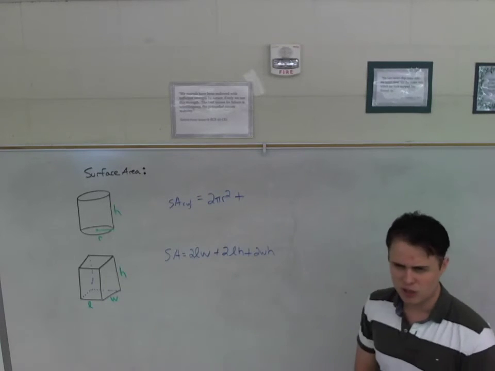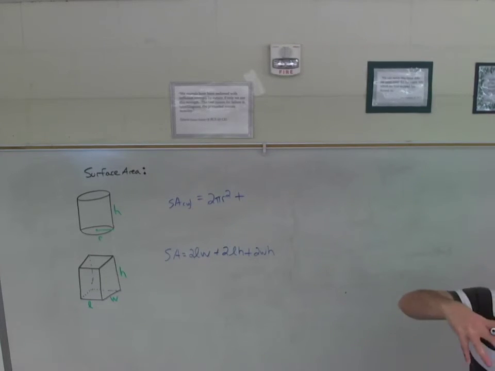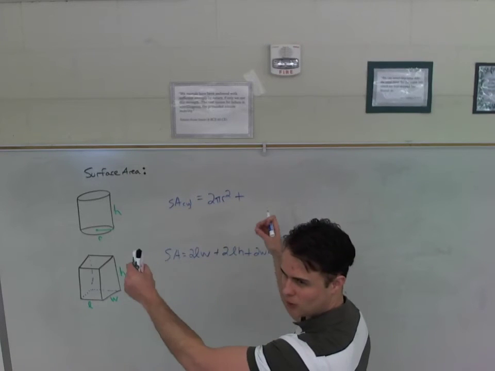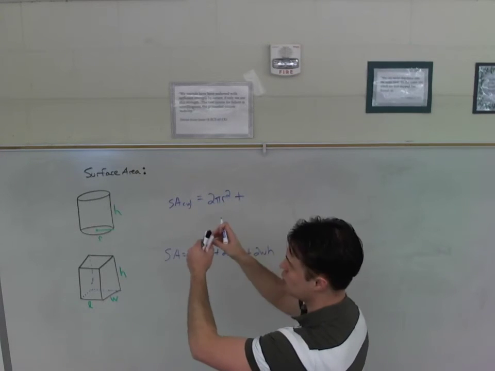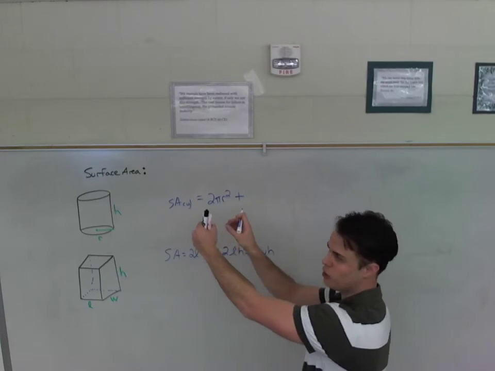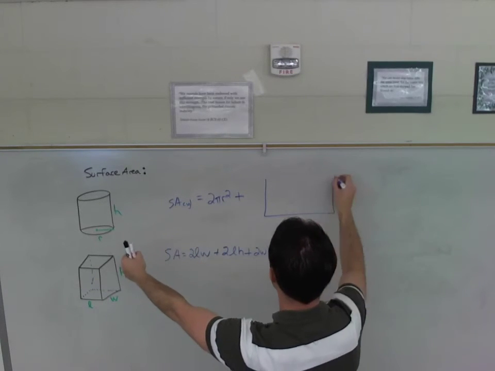The tricky part on the cylinder is what about the around it part? What's the area of that? You guys remember how to do that? How to think about it? It'd be circumference times height. Yes. So Derek said circumference times height. Where the heck is he getting that though? Don't you unwrap the cylinder? You pretend it's a piece of paper and unwrap it and it becomes this, doesn't it?